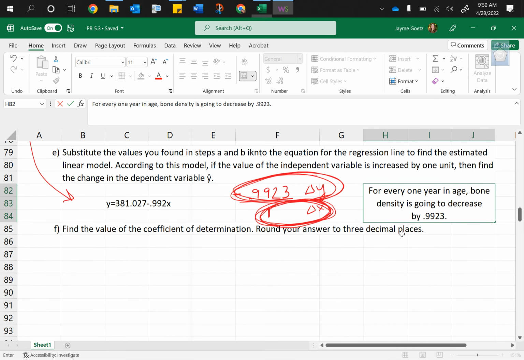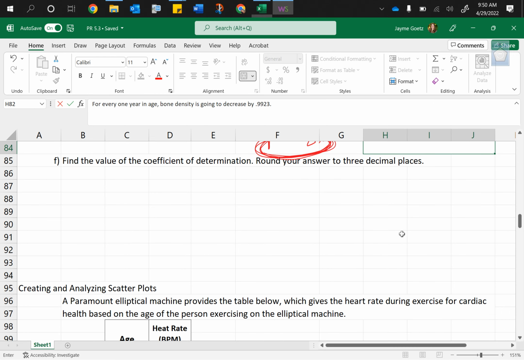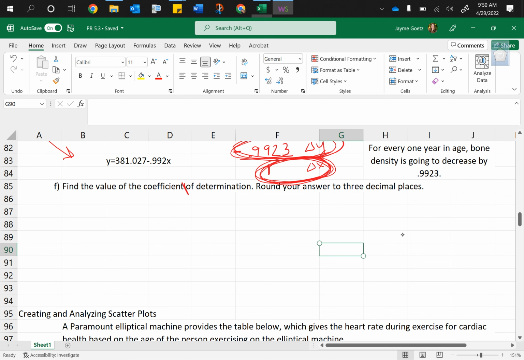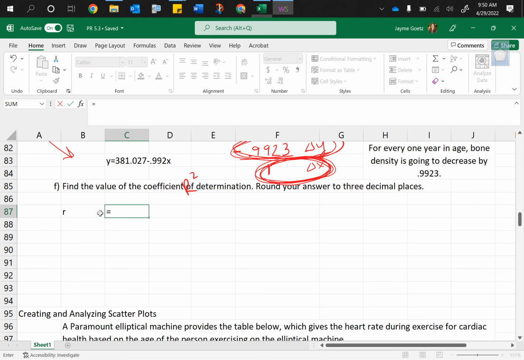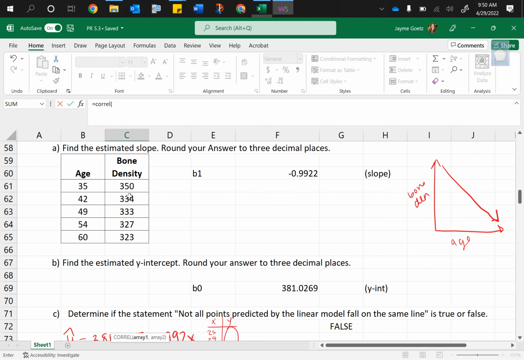Let's go to part F. Find the value of the coefficient of determination. Round your answer to 3 decimal places. The coefficient of determination, again, is just that r squared. Okay? So to find r squared, first of all, we have to find our r value. And the r value is the correlation coefficient. So correlation. And we have to go back up to our data and have the first array and the second array.